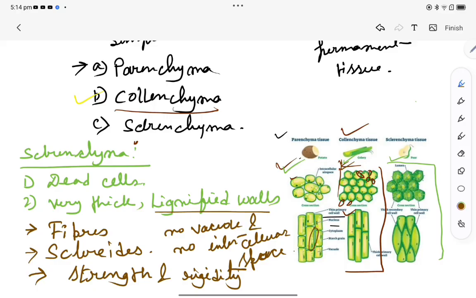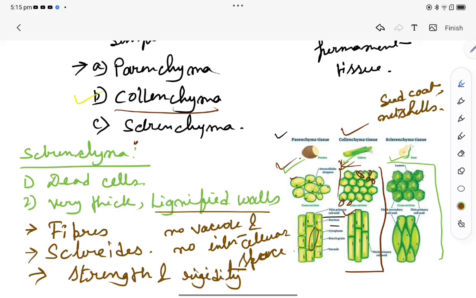We can find it in seed coat, nut shells. So the plant part that you see that is very rigid, very hard, you have to think that Sclerenchymatous tissue is most definitely present, otherwise it won't be this rigid.